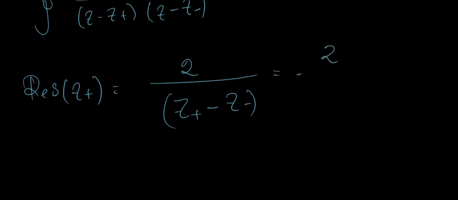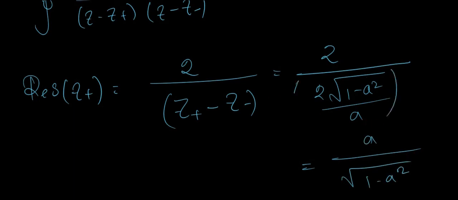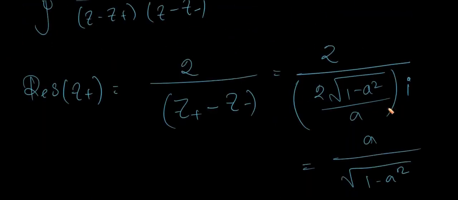So this is just simple algebra, so I'm not decoding it for you over here. This is just 1 minus a squared by a, something like this. And if you just do it, it's just this thing. This is our residue, right? Oh yes, there should be an i, because I factored out an i in the overall z plus and z minus, so that's why there should be an i over here. And let's keep the i in the denominator, that makes things convenient.